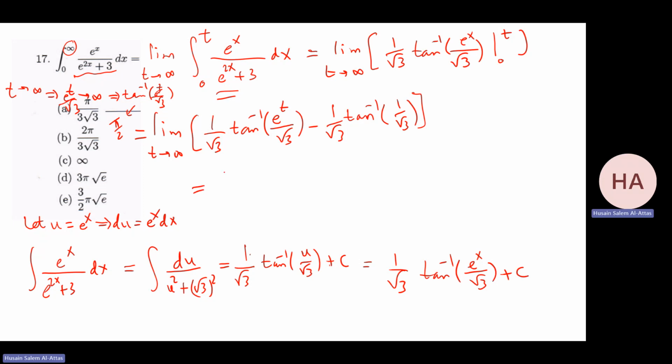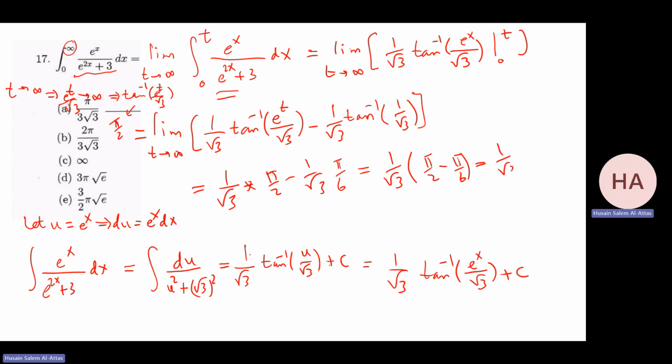So that gives me 1 over square root of 3 times pi over 2 minus 1 over square root of 3 times what is tan inverse of 1 over square root of 3? We need the tangent to be 1 over square root of 3, which is pi over 6. So that will be 1 over square root of 3 times pi over 2 minus pi over 6.